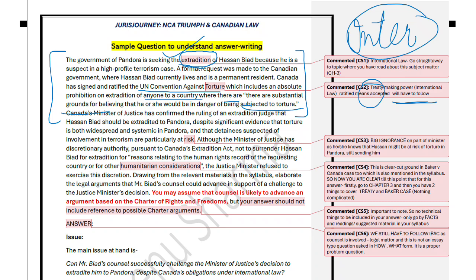So the Minister of Justice, who was working under the Canadian government, has confirmed that this person should be extradited to Pandora although he knew the particular person might be at risk. This is completely against the policy which we signed. So big ignorance on the part of the minister, as he or she knows that Hassan might be at risk of torture in Pandora, still sending him.